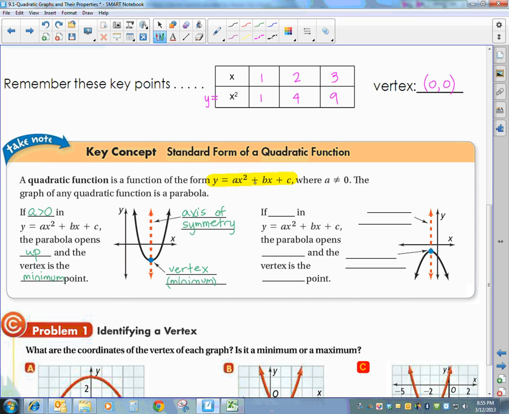Now, in contrast to that, if a is less than 0, and we're talking about this a value here in the standard form of our equation, then our parabola will open down, and the vertex will be a maximum point. So here again, our dotted line is still our axis of symmetry.